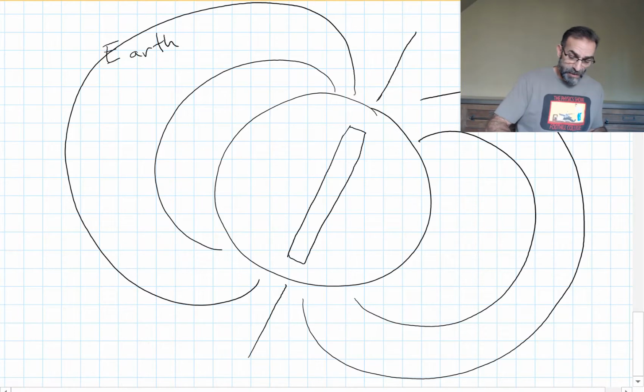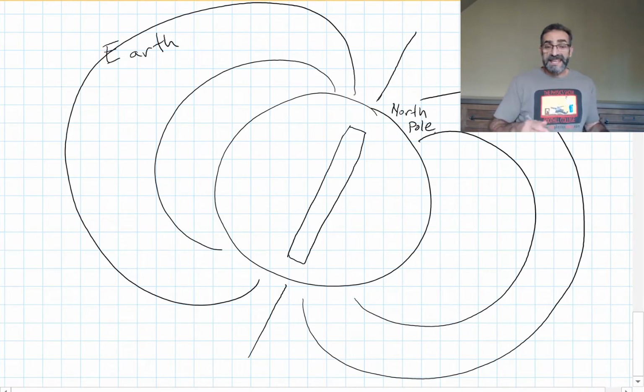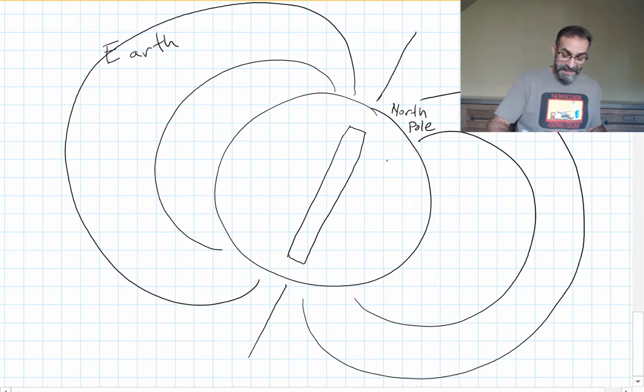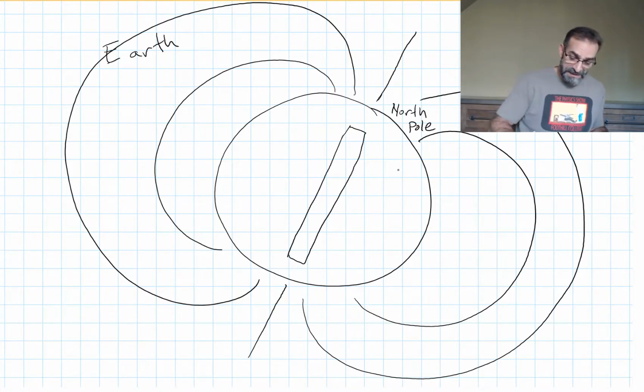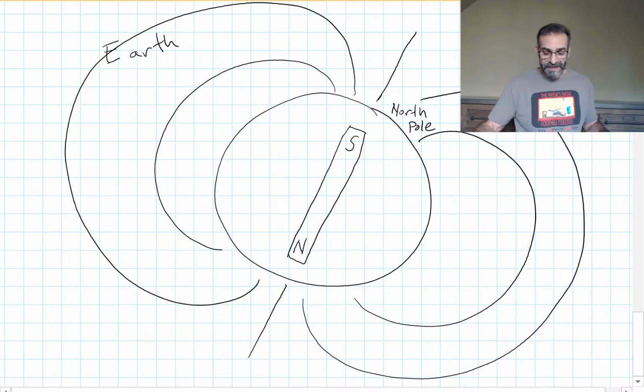If this is our north pole of the Earth, which end of the magnet is this? The north pole or the south pole? That is a magnetic south pole, and the north pole will be down here.